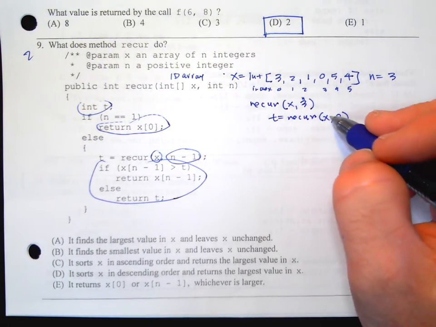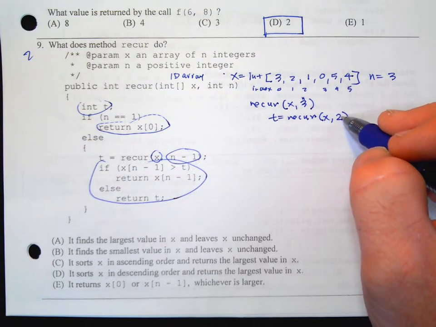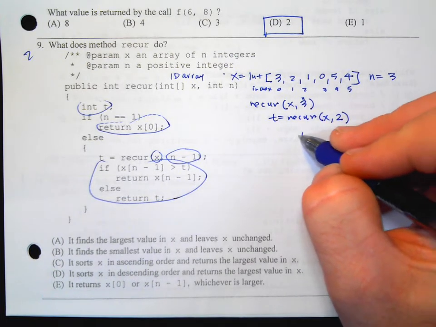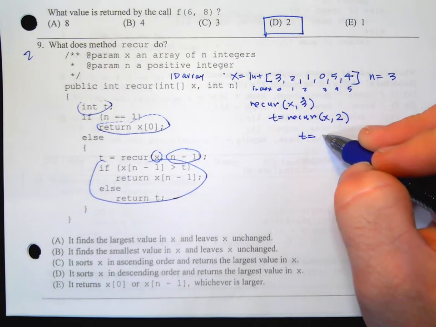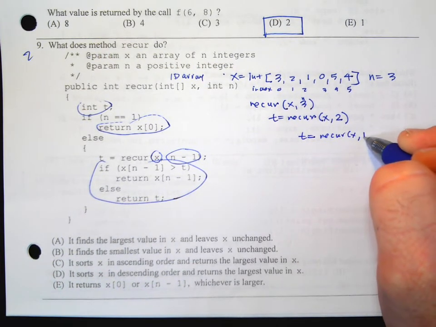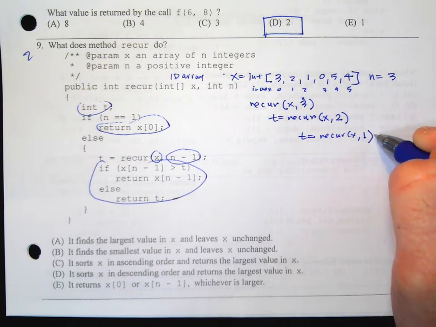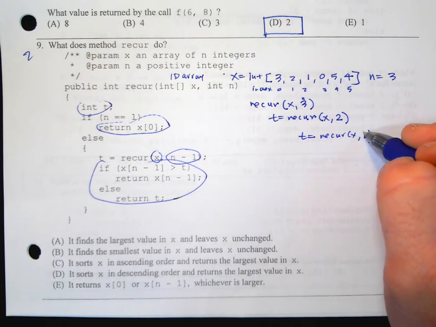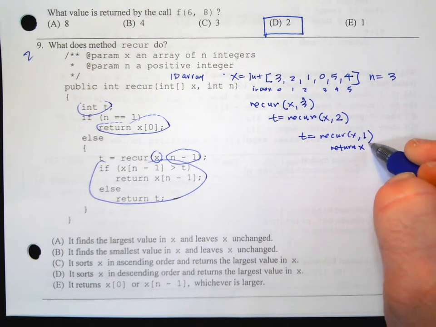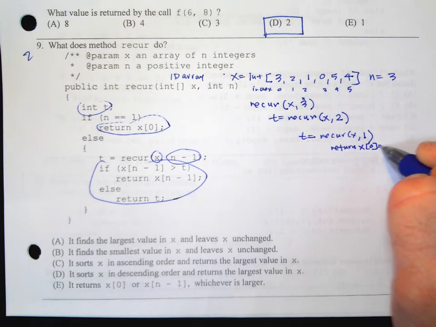So it says, okay, does n equal 1? No. So then it comes down here and it sets t equal to recur x, 1. And then it says, is n equal 1? Yep. And so this returns x0, which is the first thing, which is a 3 right now.